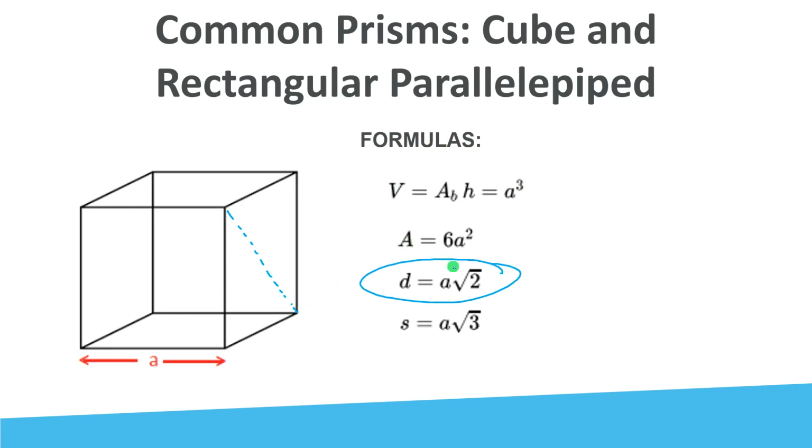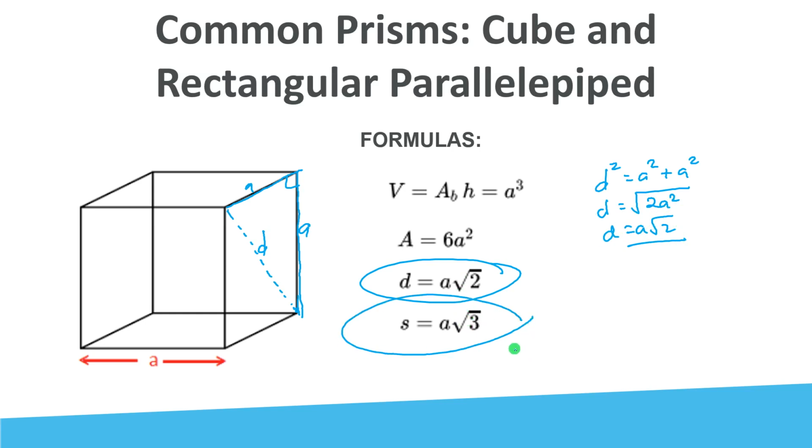This formula is derived from using the right triangle formed by this face. If this is A and this is A, the face diagonal is just the hypotenuse of this right triangle. So D squared equals A squared plus A squared, so D equals the square root of 2A squared. Therefore D is A the square root of 2. That's the face diagonal. And for the space diagonal, we have A the square root of 3.